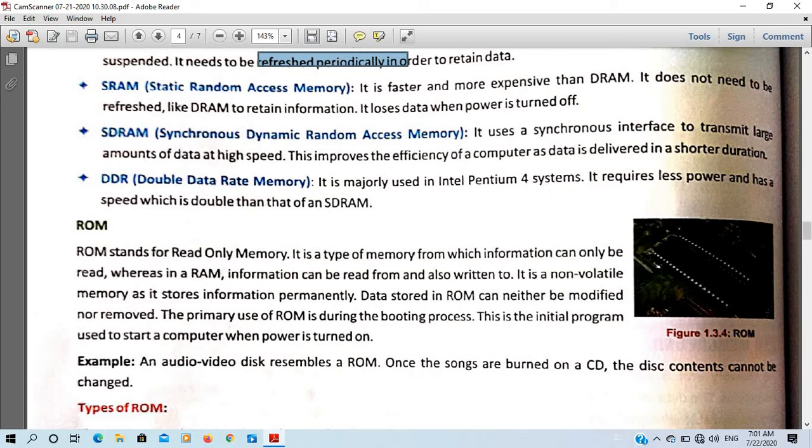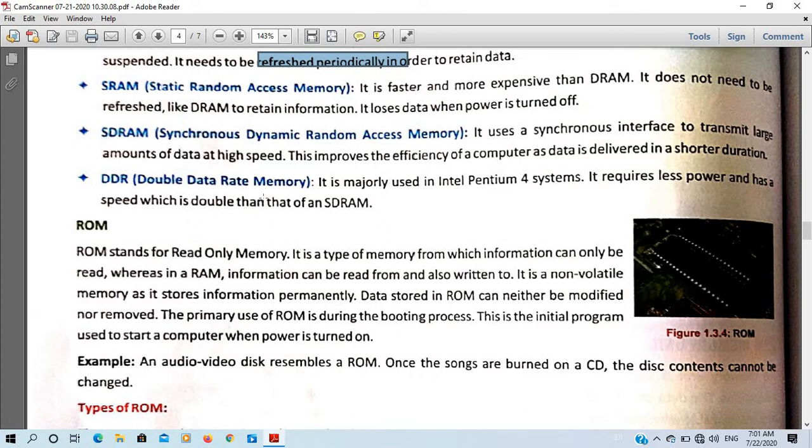It requires less power and has a speed double that of SDRAM. So the only difference among these 4 is that each next RAM is faster than the previous one, and SRAM need not be refreshed. Similarly, SDRAM also need not be refreshed, but SDRAM provides higher speed and DDRAM provides double speed.